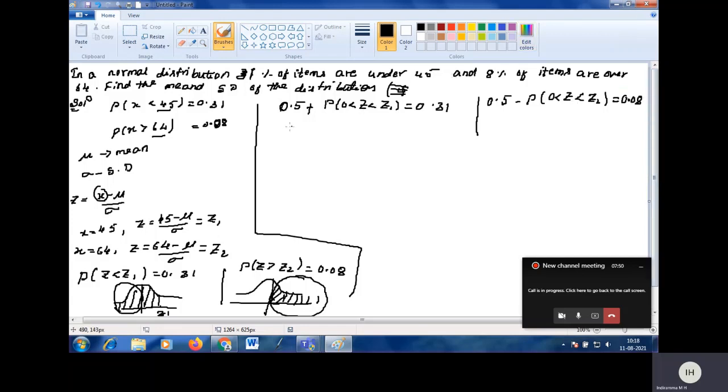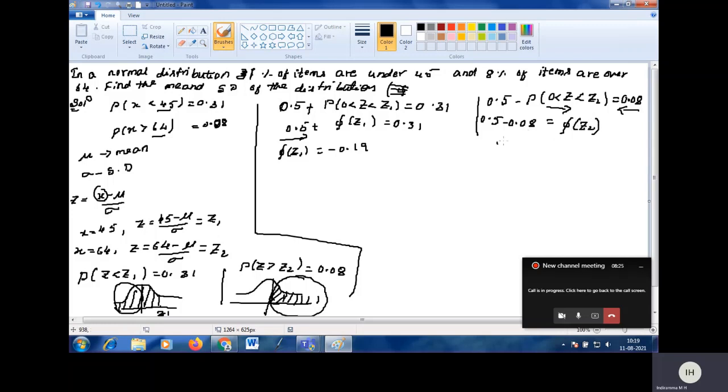So this can be written as 0.5 plus phi of Z1 is equal to 0.31. Taking this to the RHS, we obtain phi of Z1 as 0.31 minus 0.5, which is minus 0.19. Similarly, taking this to the RHS, 0.5 minus 0.08 is phi of Z2.